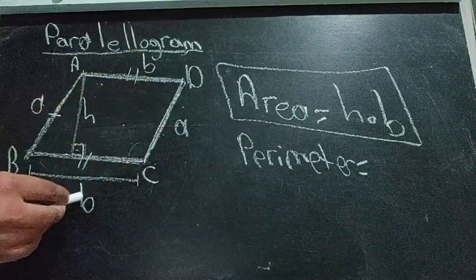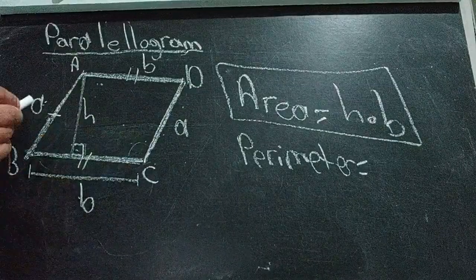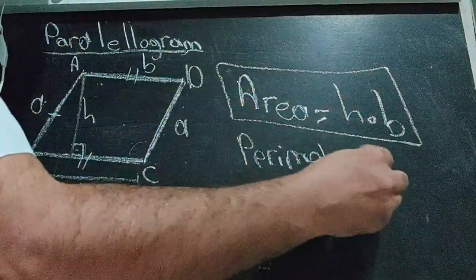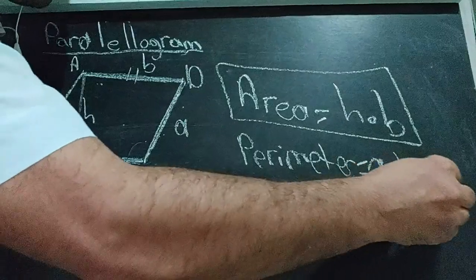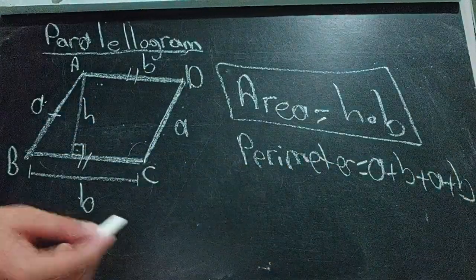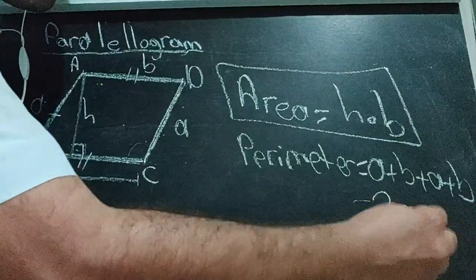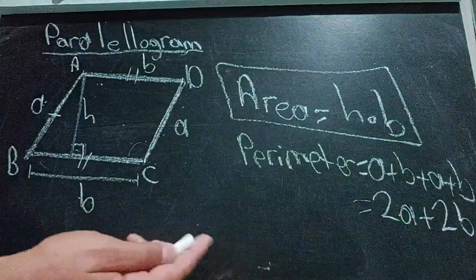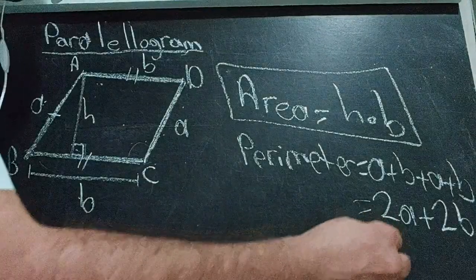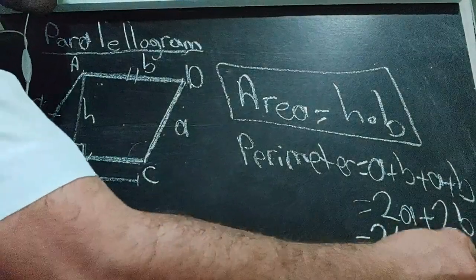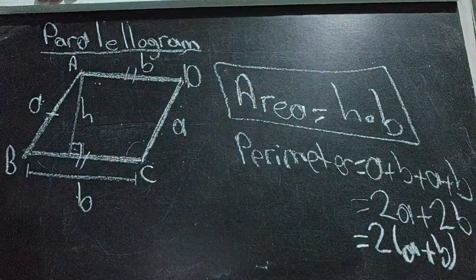So A plus B plus A plus B. That will be 2A plus 2B, or it can be written 2 times A plus B. Okay, it's clear, huh?